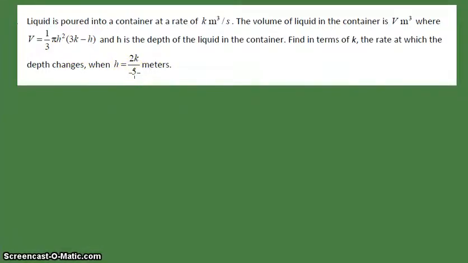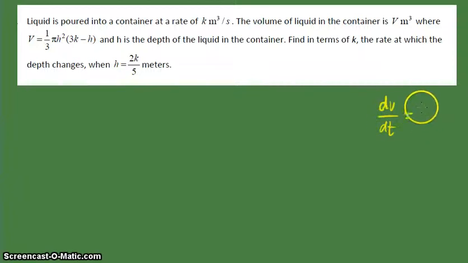Before we continue solving this problem, it is important that you know that whenever we speak of rate of change, in calculus that means it's the derivative. So for example, if I say the rate of change in the volume is given by a certain amount, then rate of change of V means dV over dt, and it's always with respect to time.